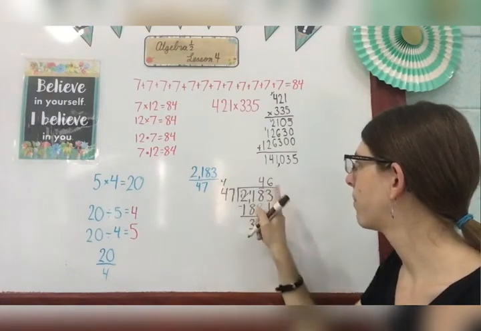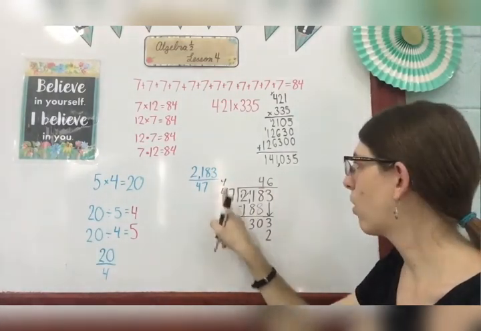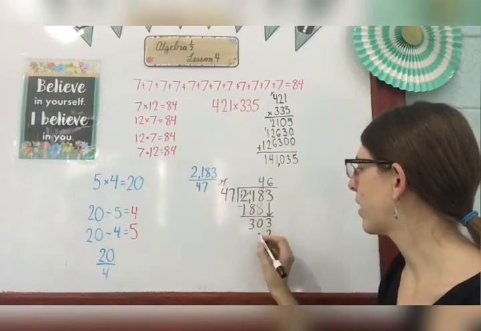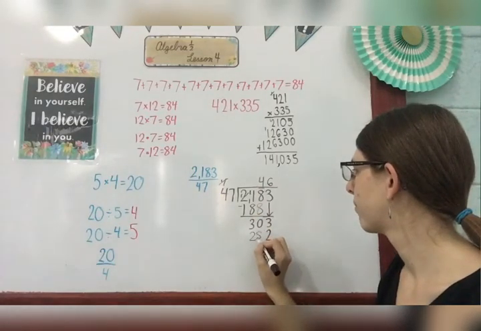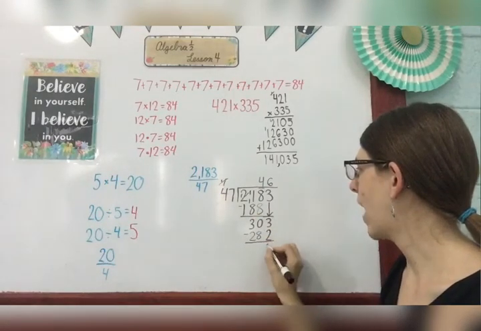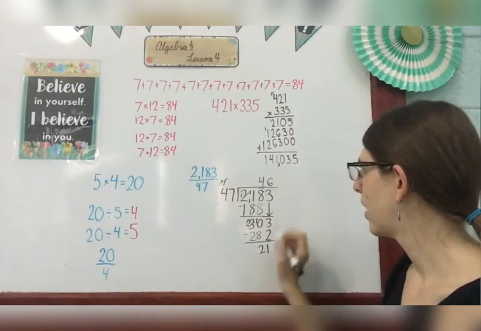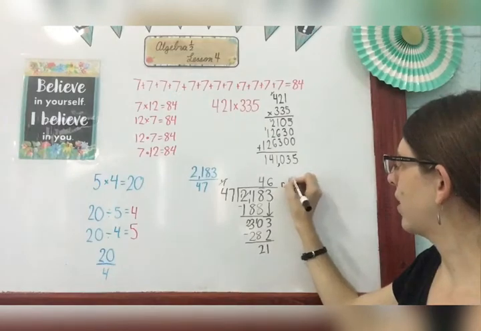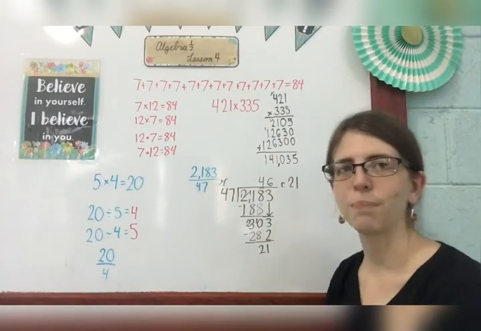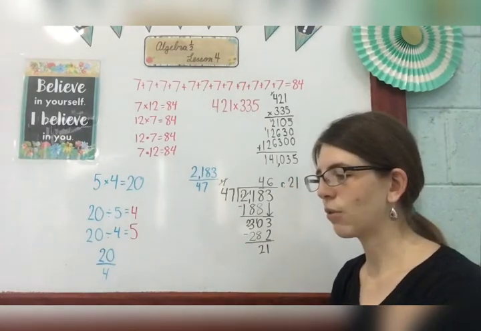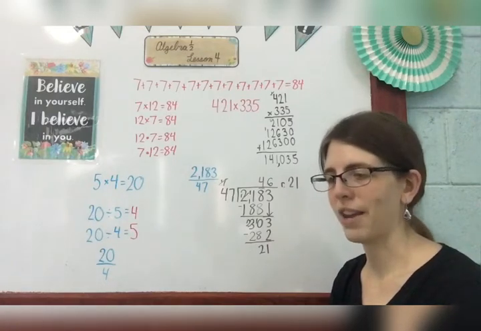Carry our 4. 6 times 4 is 24, plus 4 is 28. Subtract. 21 is less than 47, so that can be our remainder. So our answer is 46, remainder 21.